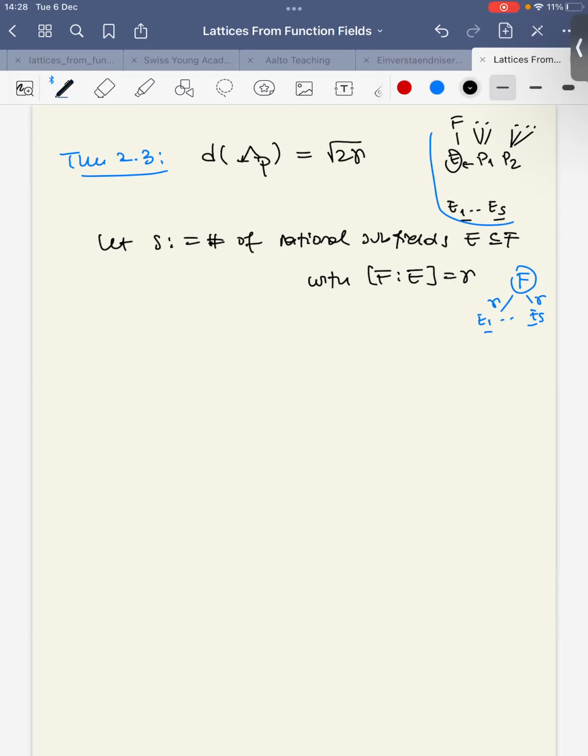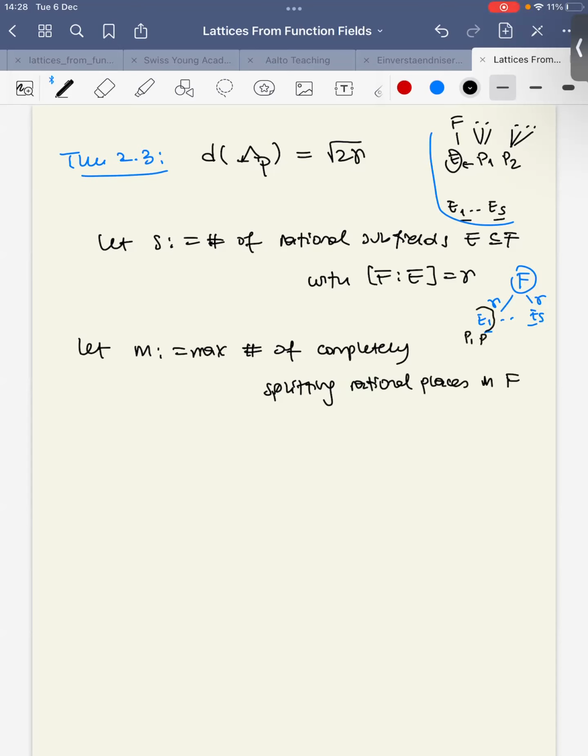And let M denote the maximum number of completely splitting rational places in F. For instance, if you consider 2 places in E1, there might be only 2 places which split completely in the extension field, but here there might be 3 distinct rational places which split completely.